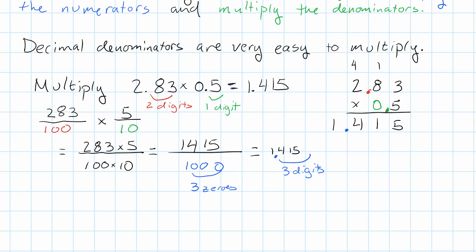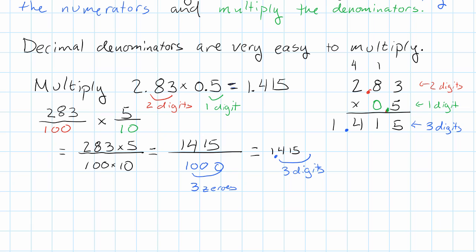Right, the decimal points don't line up, and the decimal point in our answer doesn't line up with either one. But what we do see is this. We see 2 digits after the decimal point in our first decimal, 1 digit after the decimal point in our second decimal, and 3 digits after the decimal point in our answer.